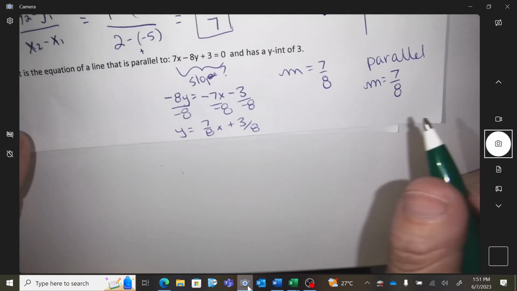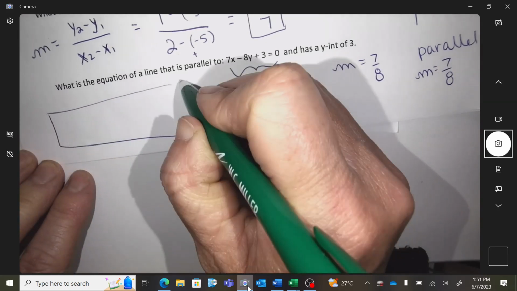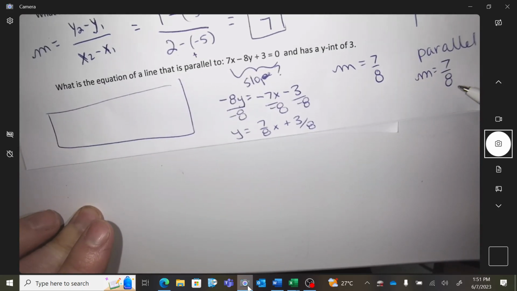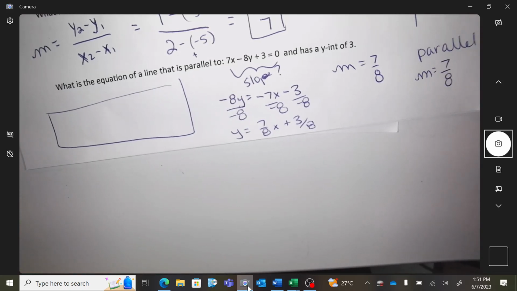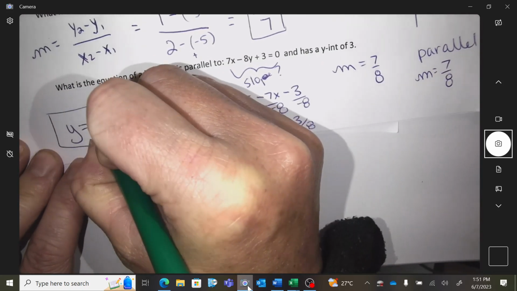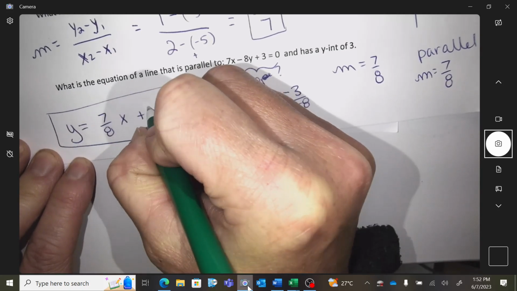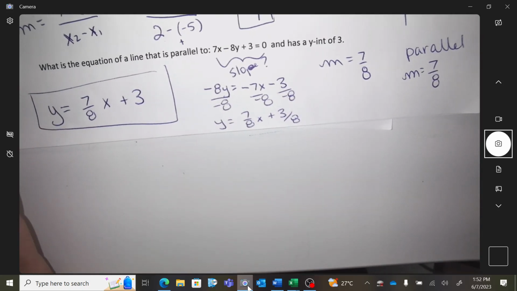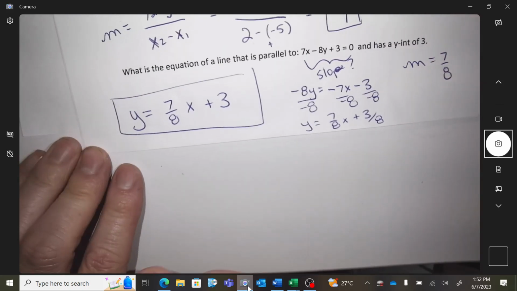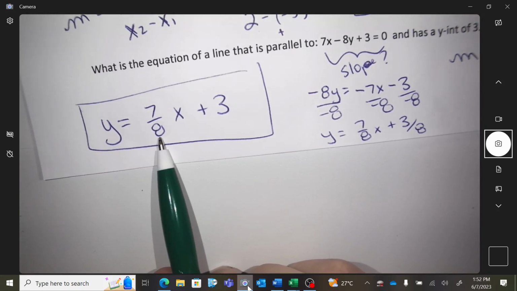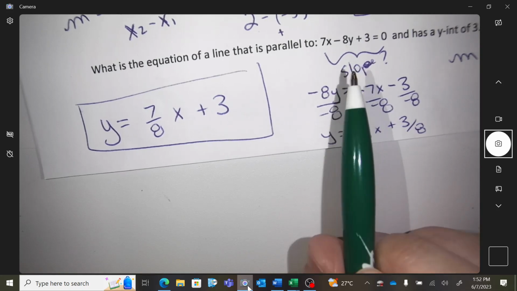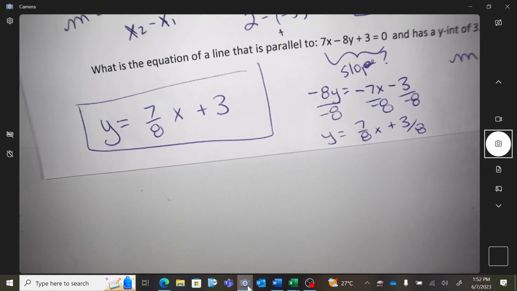So my final answer would be that I need a slope that is still 7/8 and a y-intercept of 3. So can you piece those two things together? That's what I want as an equation. My line is parallel to the one that's on that line, but mine has a y-intercept of 3.